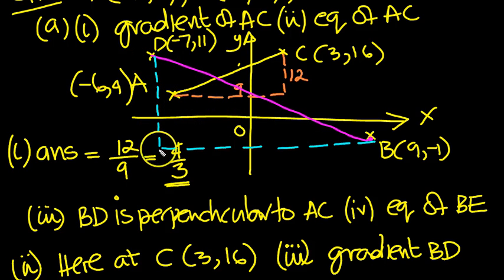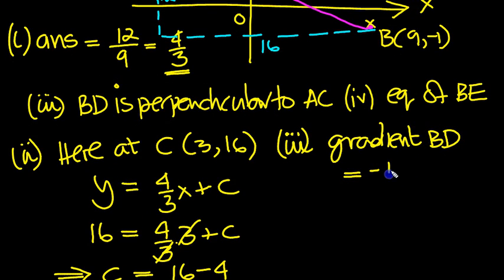The change in y is negative, so this height here goes from 11 to minus 1, which is 12. And how far does it go along? Well, it goes from minus 7 on the x to 9 on the x. So total distance is 16. So we've got minus 12 over 16, which equals minus 3/4. Divide by 4, top and bottom, you get minus 3/4.